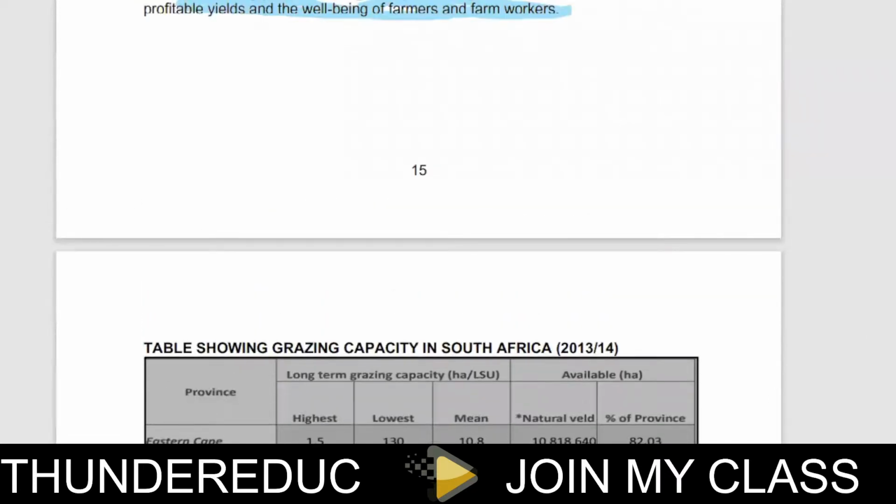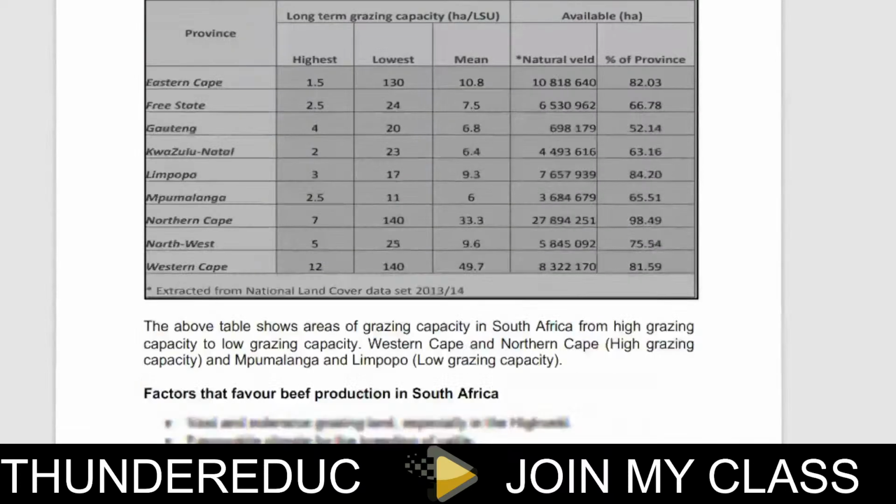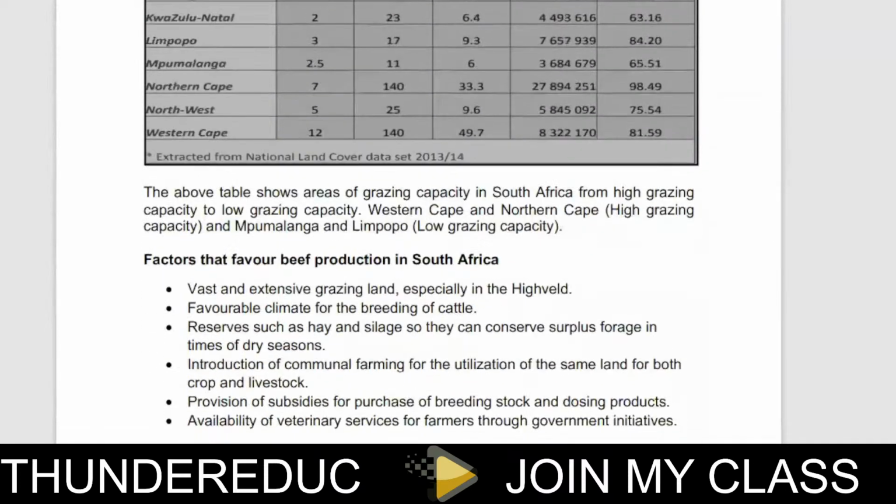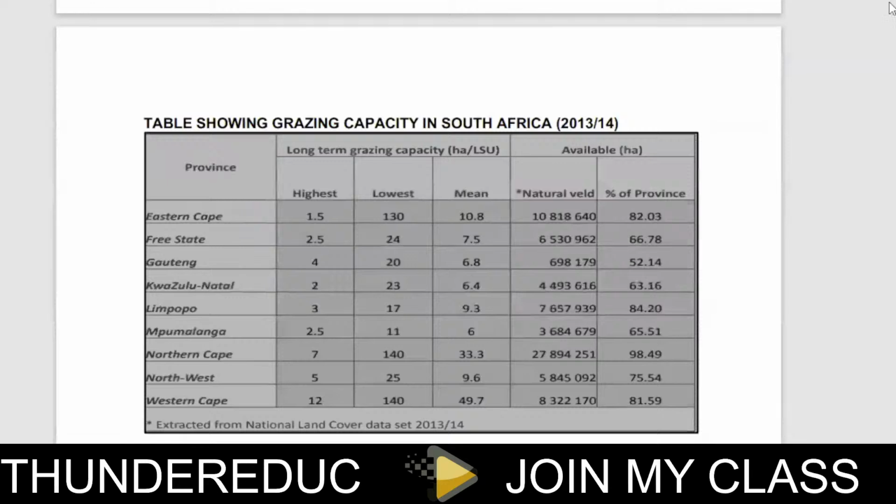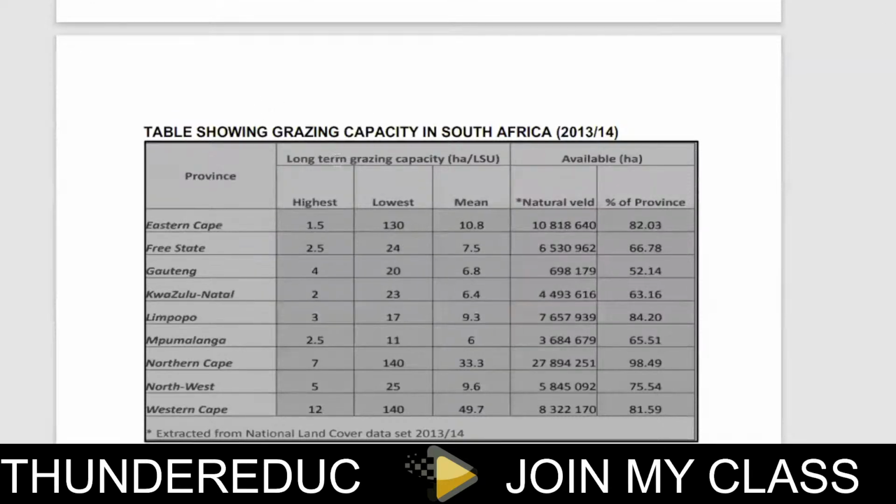Okay. Then we proceed and see, just still on that point of beef farming, this table here is showing the grazing capacity. When you look at Eastern Cape, I want you to look, long-term grazing capacity available. This is what is available under here, natural yields or natural fields, and this is what is the lowest, the mean, and so on.